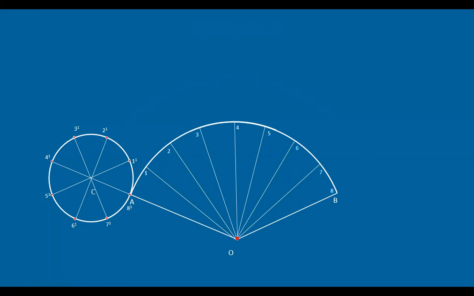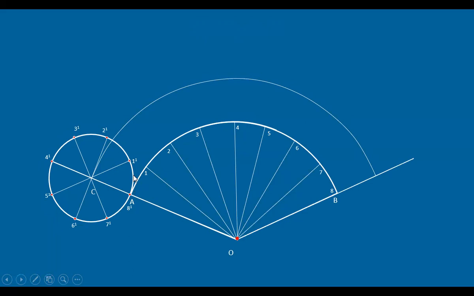Now let's name these points on this curve as 1, 2, 3, 4, up to 8, from this side only. We extend these lines here and, with this point O as center and OC as radius, draw an arc, because this circle is always at this distance above this curve.